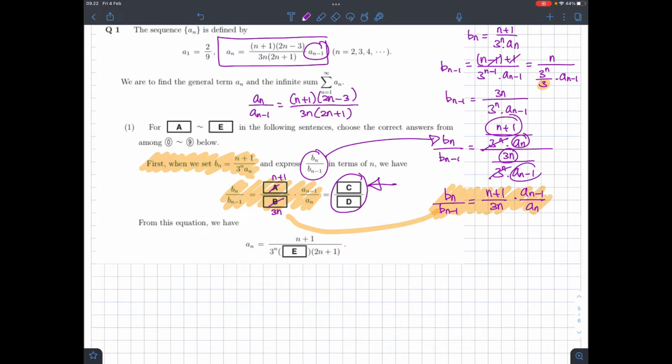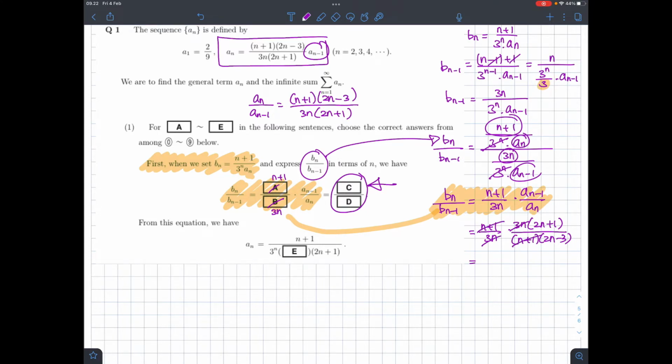No worries, we just substitute here. The numerator becomes the denominator, and the denominator becomes the numerator. We change the position, and we simplify. 3n cancels out, n plus 1.